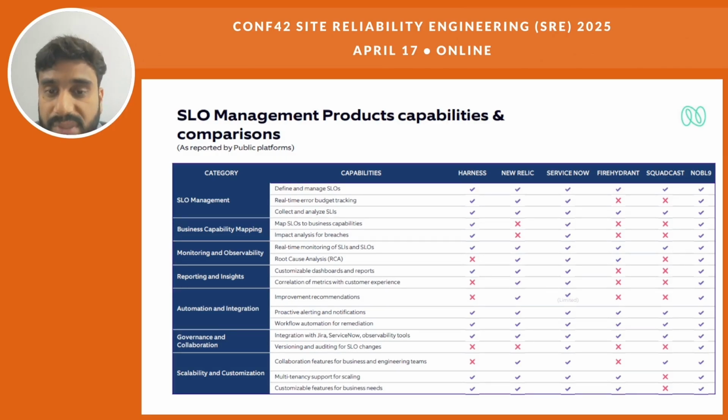You can see some tools have some capabilities, some are good in specific features, and some fit under the complete category. Harness is mostly there, Nobl9 is there. So accordingly you can choose based on your requirement and use the features of those products.